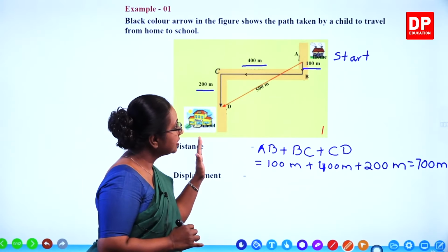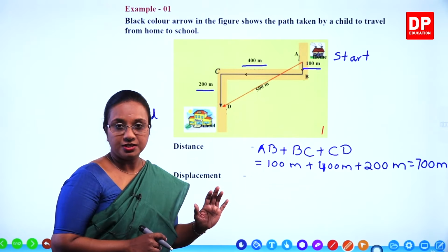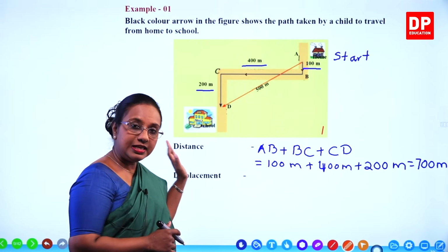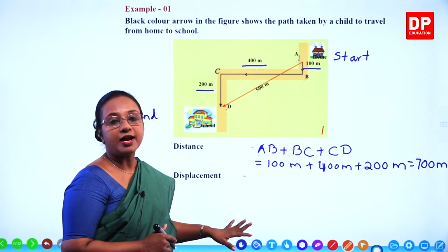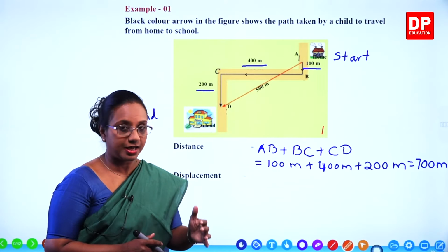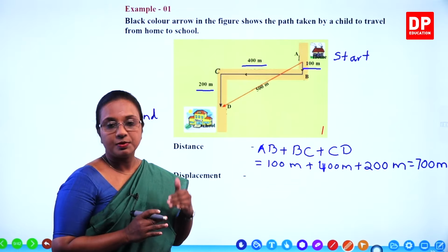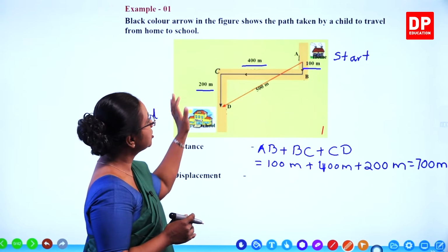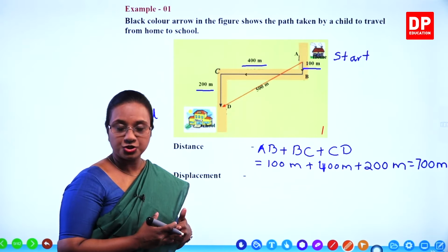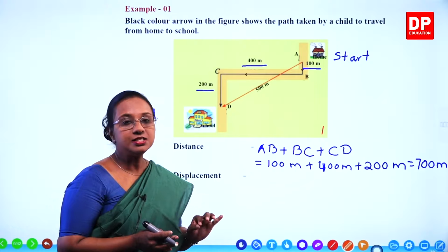Here remember, children, when they give you a direction and say, okay, this is the north or this is the east, then when you write the displacement, we specify that particular direction. Otherwise, even though you have knowledge about directions, don't just look at the diagram and determine the direction for the displacement. Instead, there is an easy way.